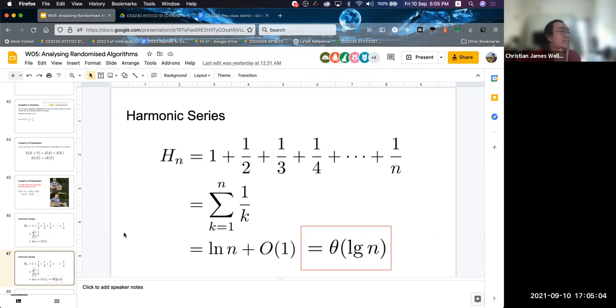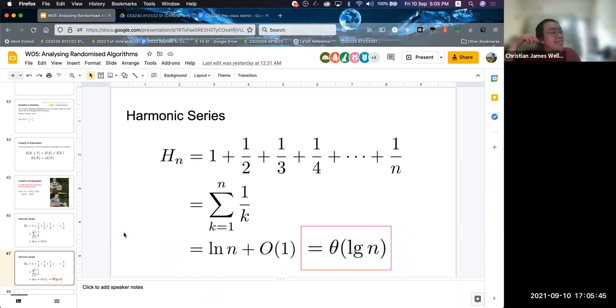Is theta log n less than or equal to O log n? Okay, so let me think. The thing is, big O notation is actually a set. Usually you say something is O(1), equals O(1), something equals O(n), but the more accurate term is that it's an element of O(n), because O(n) is the set of functions that all grow linearly. So that's the definition.